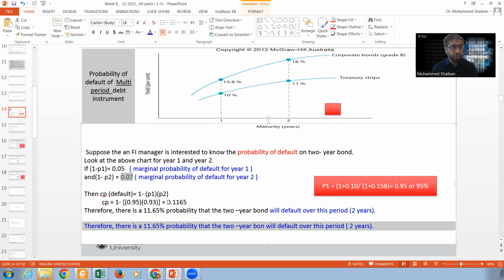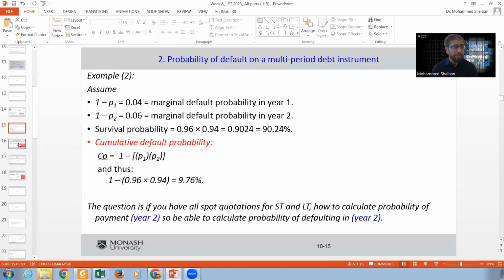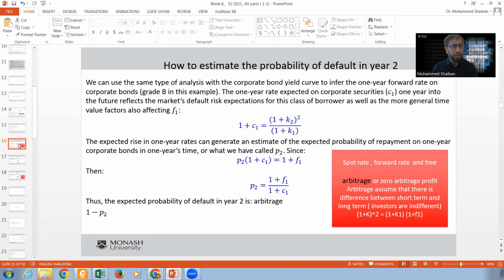So if I know them, I can just calculate 1 minus the probability of payment in year 1 times the probability of payment in year 2, and because I subtract it from 1, I get the probability of defaulting over 2 years, which is very straightforward. The problem is, in real life, we cannot get that.